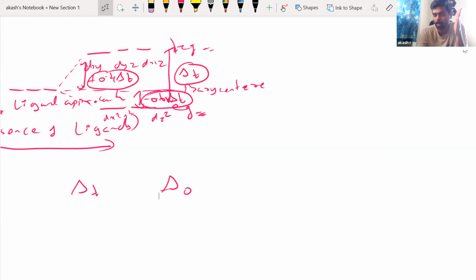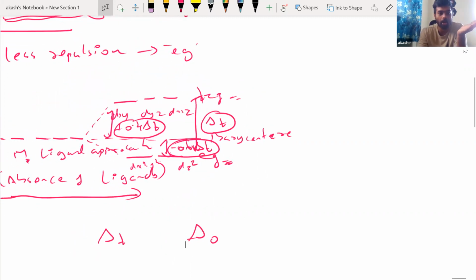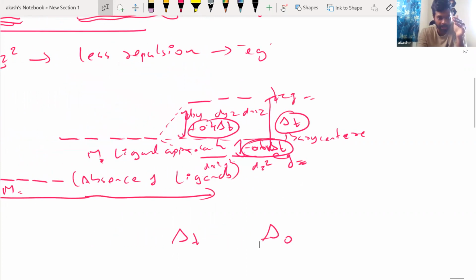See, people, in crystal field theory, what are the assumptions we made? One of the assumptions was that the interaction between the metal and ligand is purely electrostatic, either attractive force or repulsive force. Now, when I talk about repulsion, we have been talking mostly about repulsion only here.